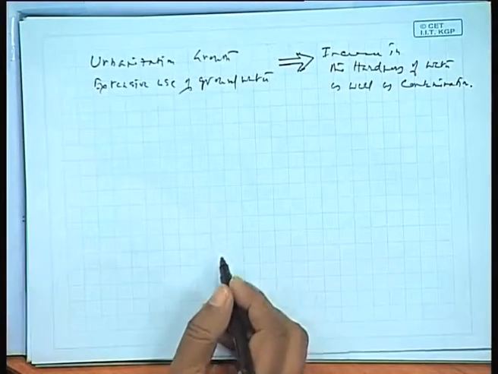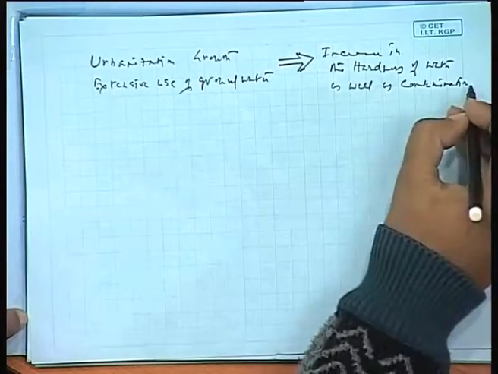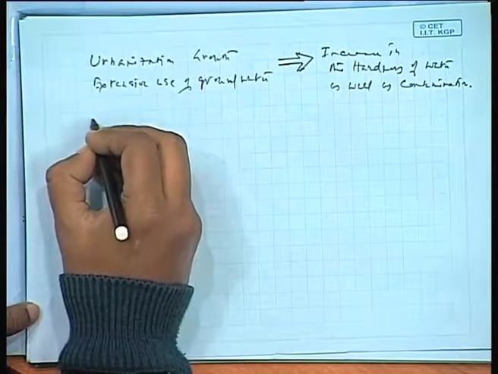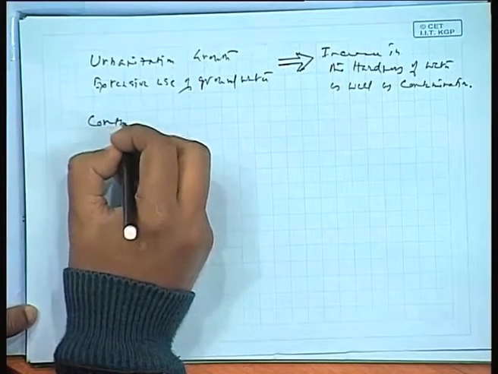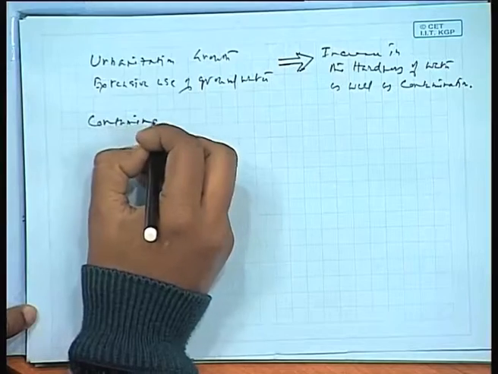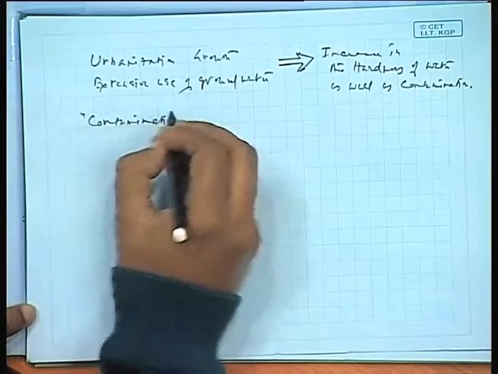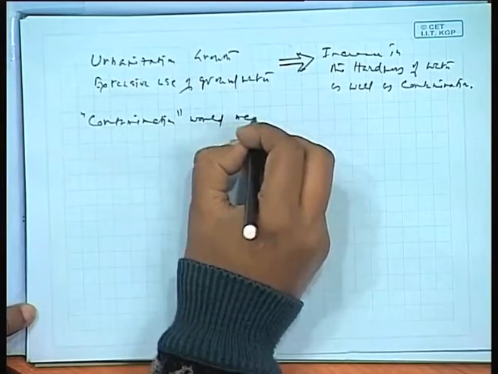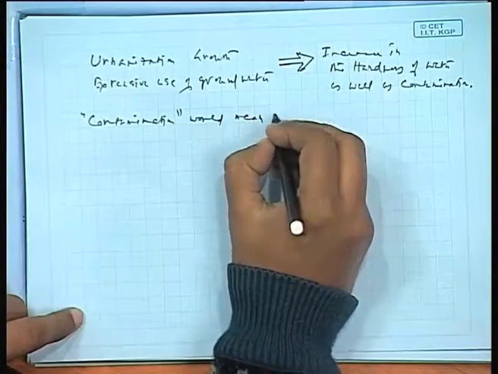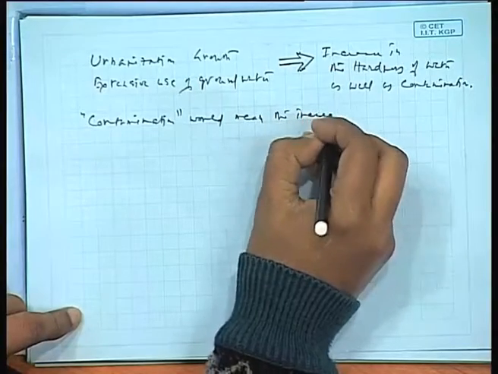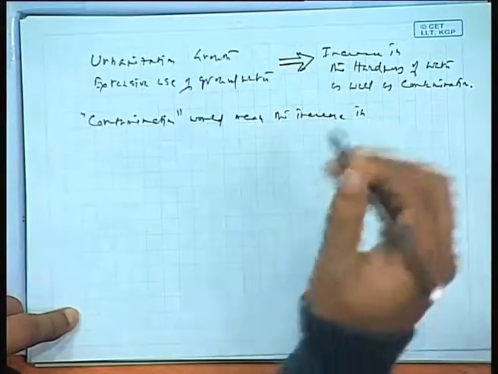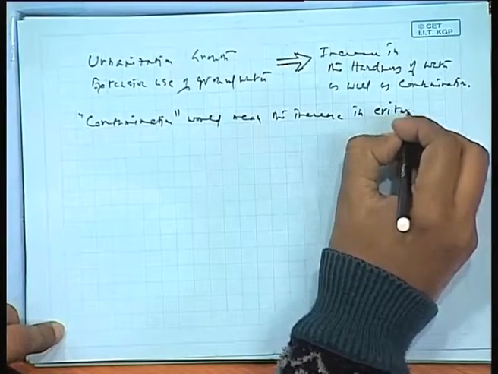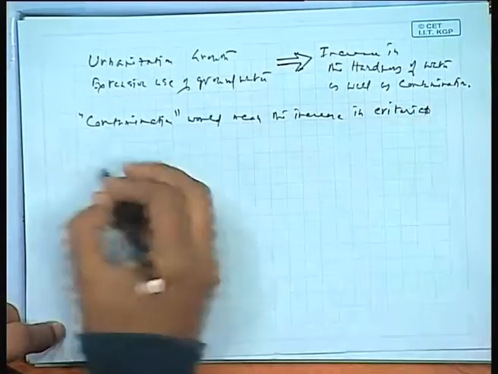Contamination here, in all these cases where I have been explaining, would mean the increase in criteria pollutants.